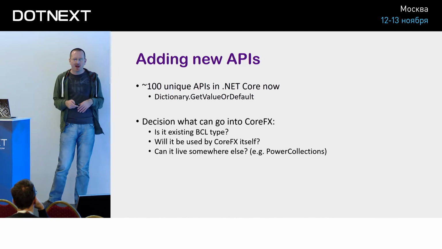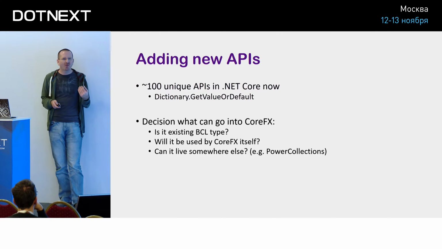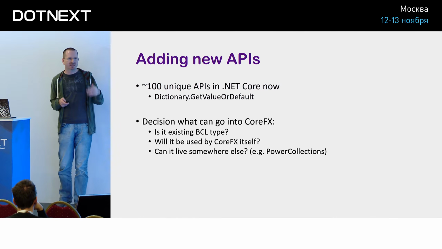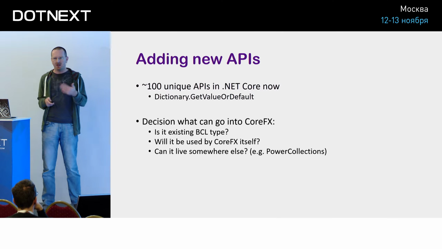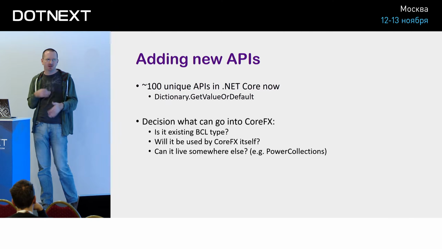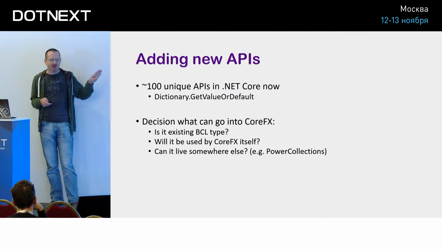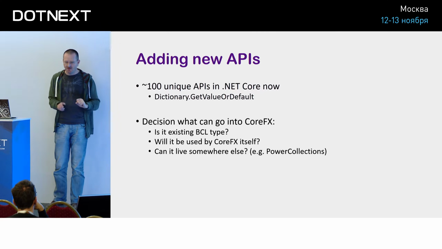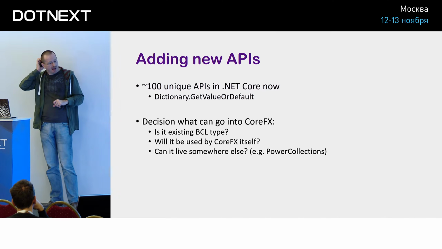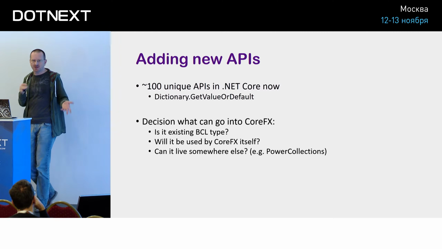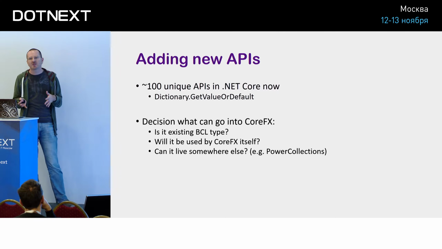Does it belong there? The deal breaker was, you know what, we will likely use a priority queue in some networking stack and elsewhere. So it's very likely that the BCL itself will use it. That's a reason which usually says, okay, that's a good candidate to put in CoreFX. And another question is, can it live somewhere else, which is the opposite of the same question.